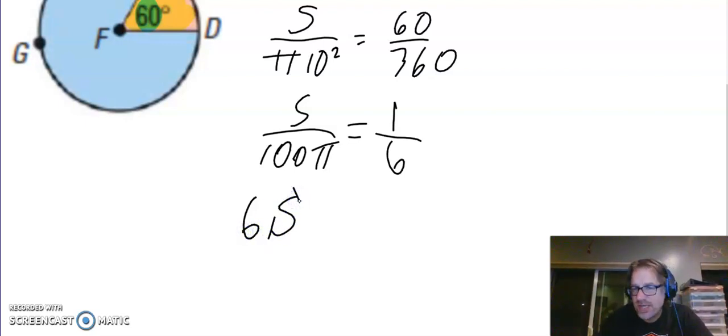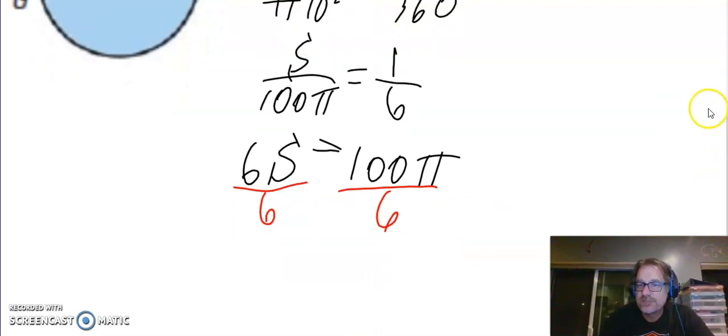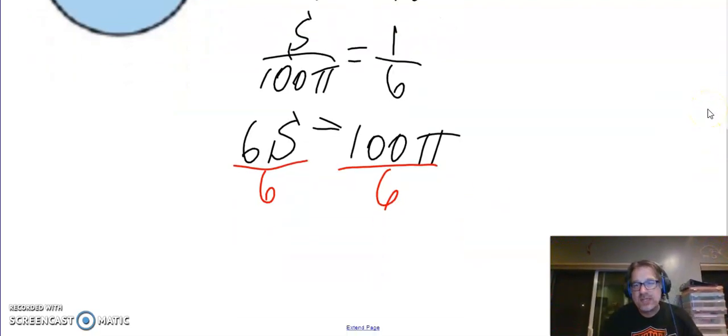I like to flag my S a lot of times. That way it doesn't look like a 5. And that's going to equal 100 pi. Continue to work by dividing both sides by 6. In my calculator, it said round to the nearest 2 decimal places, the nearest hundredth. I'm going to do 100 pi divided by 6.